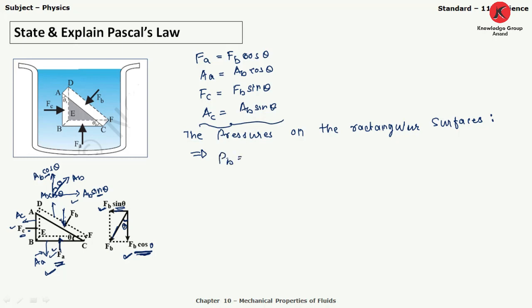Pressure is nothing but force per unit area, so force is FB and area is AB for the particular surface.